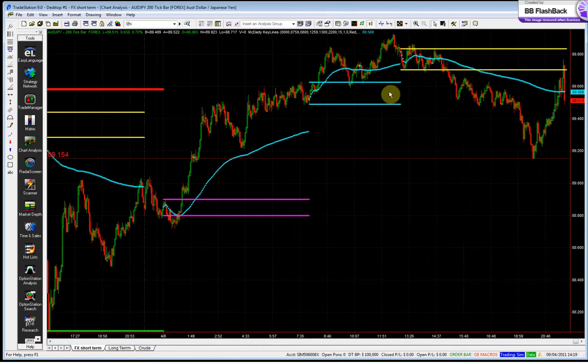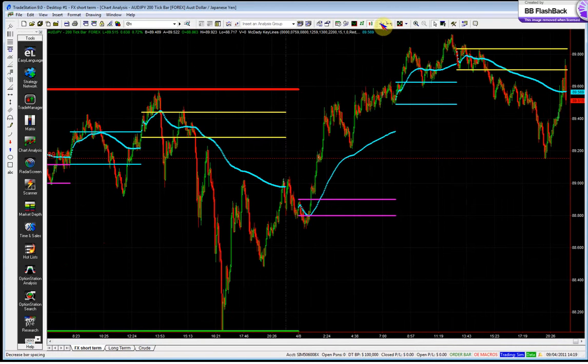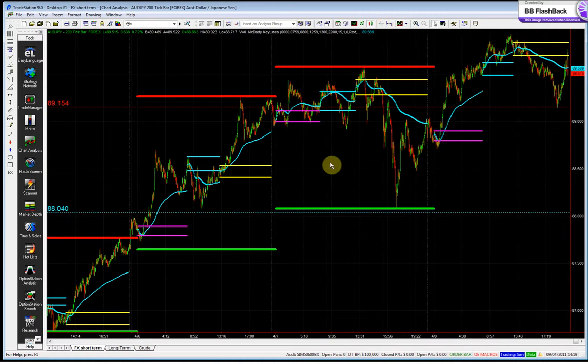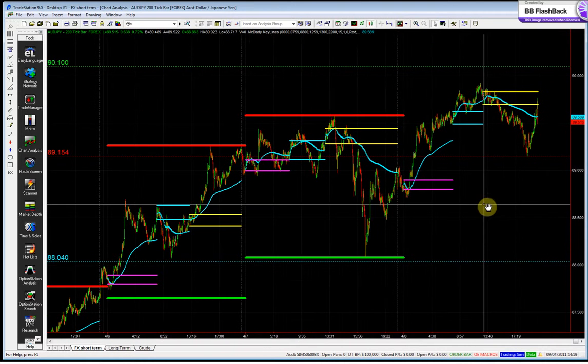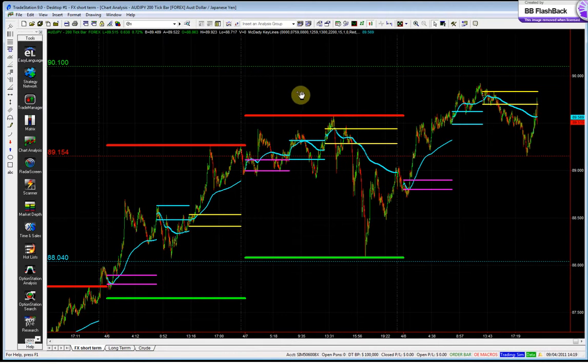Looking to the 200 tick, right, here the picture is a little clearer going into the 200 tick.